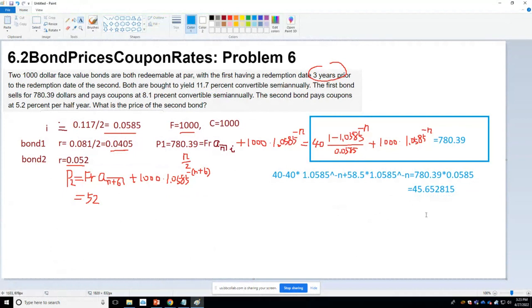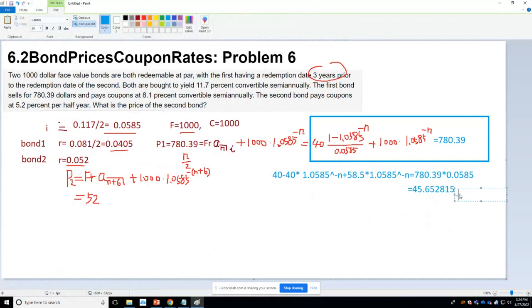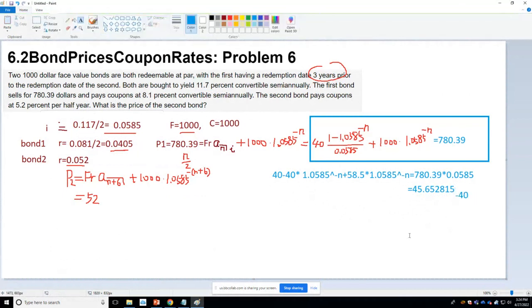Then we can subtract 40 from both sides of the equation. So we move the 40 to the other side, and what's left is only the rest, which is this. Then we find the common factor.